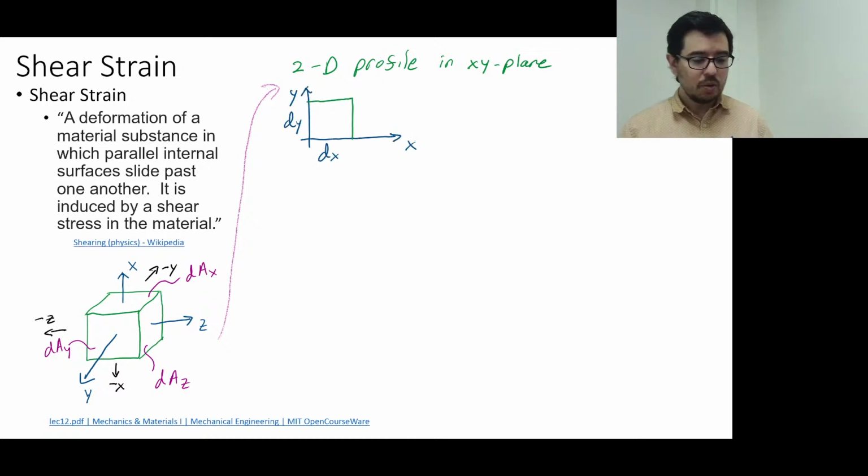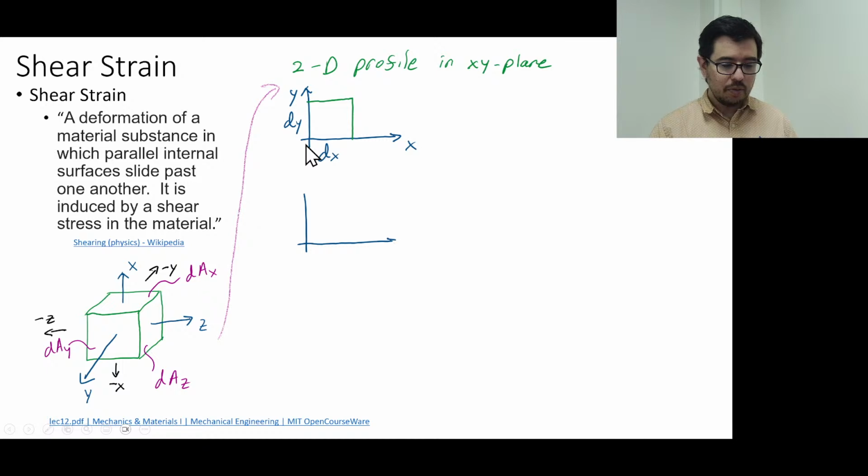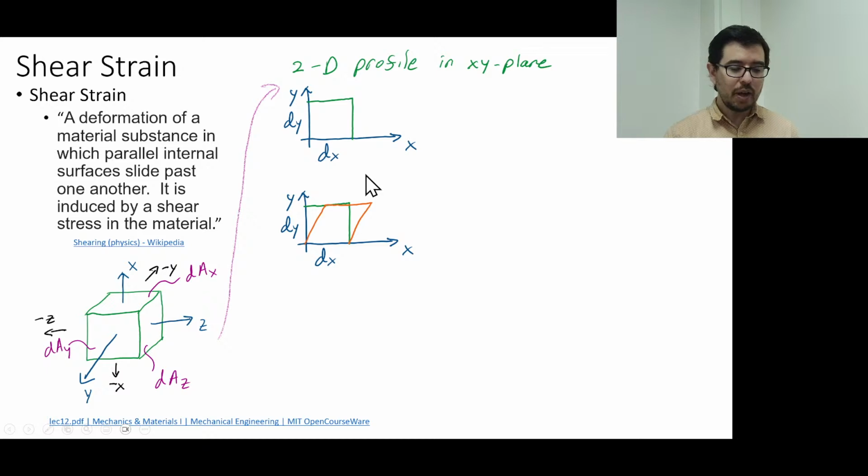Remember, we have some element with a dx and a dy. If we take this element and move the top over, we get this kind of deformation, where the 90-degree angles in our nice square profile are no longer 90 degrees.